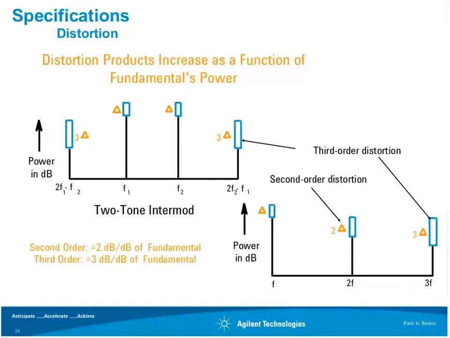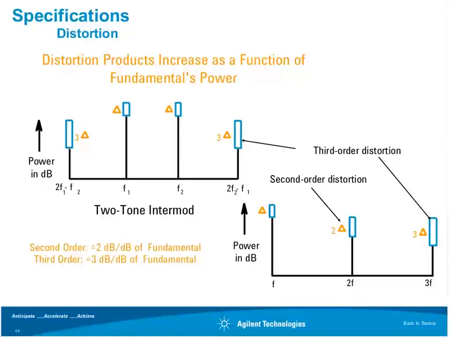Let's take a look at second order distortion. For every dB increase that we have on the fundamental signal, the second harmonic would increase by 2 dB, so it rises twice as fast as the fundamental signal. Third order distortion rises 3 times as fast, so I would get a 3 dB increase.